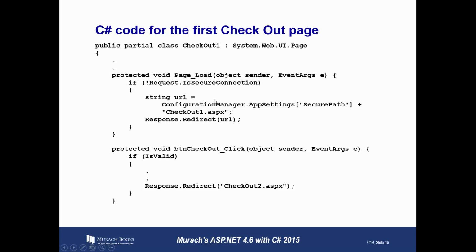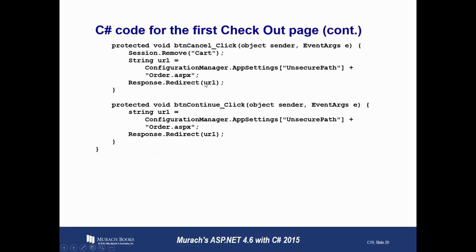If the user clicks the Continue Checkout button, a relative URL is used to display the second checkout page. All right? Which means that a secure connection is going to be maintained. If you click Cancel or Continue Shopping, you're redirected back again to the unsecured page.